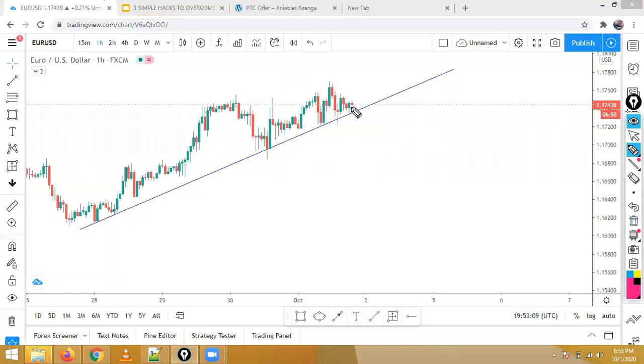Price may not retest this trend line after breaking down. So if you don't see the retest, don't panic. Rather, wait for price to drop low, correct, like give you something like this, let it range a bit. So during that range, you can now sell, then wait for it to drop low. So when price does correct like this, you sell around here. Your stop loss should be around here or high here, and your TP way down.